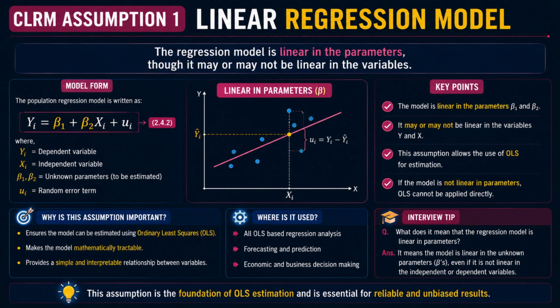For example, the independent variable may be squared, cubed, or transformed using logarithms, but the coefficients should still remain linear. This assumption is important because ordinary least squares can estimate models only when they are linear in parameters. If the parameters themselves appear in a nonlinear way, OLS cannot be directly applied. So always remember this interview point: the model has to be linear in parameters, not necessarily in variables.